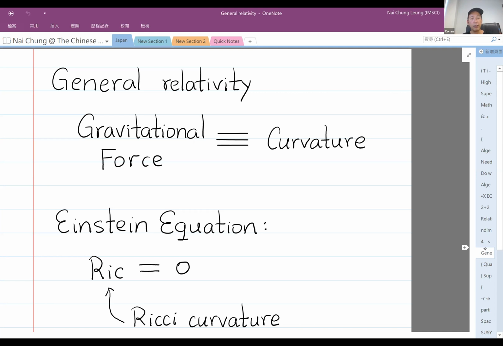So this is part of the curvature. In a way, this is some average of the curvature. You do not specify the curvature in each direction, but in some average sense, the curvature, which is called Ricci curvature, is 0. So this physics-motivated equation turned out to be also the most important equation governing Riemannian geometry in mathematics as well.